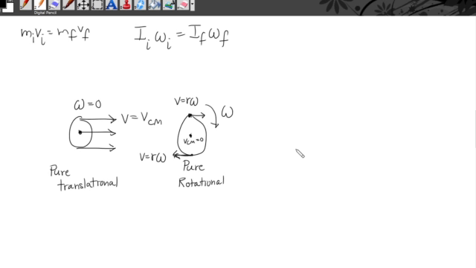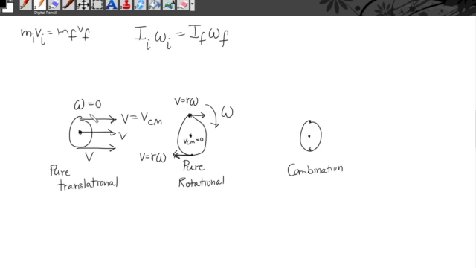Okay, and finally our third type is just a combination of the two. We have our center of mass, and for now, we're going to look at these three points.